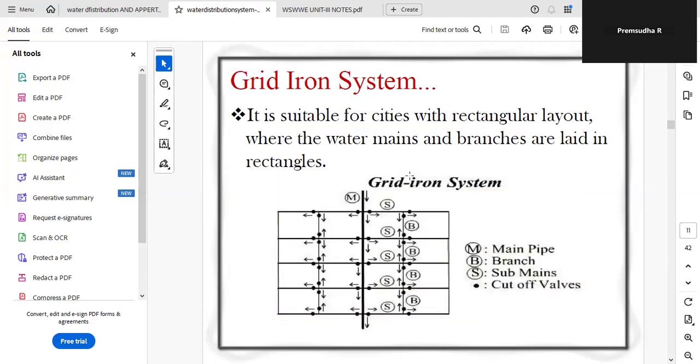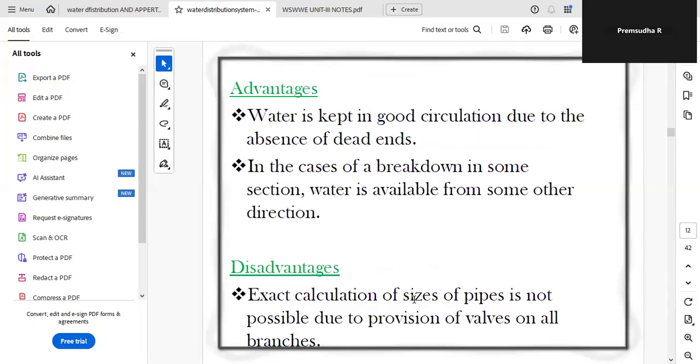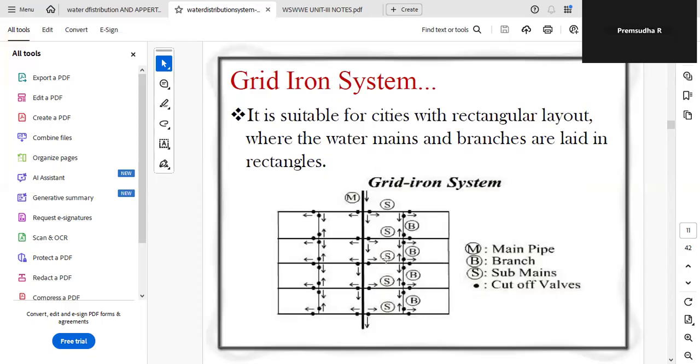Then next, the gridiron system. It is suitable for cities with rectangular layout, where the water mains and branches are laid in rectangles. Here you can see there is a main, a submain, again a branch, and cutoff walls. The water is kept in good circulation due to the absence of dead ends. In case of breakdown in some section, water is available from some other direction.